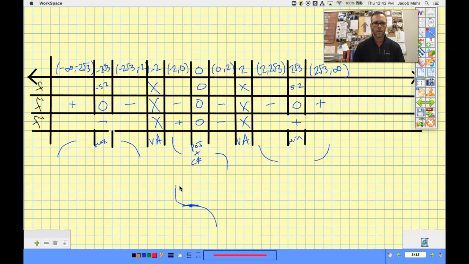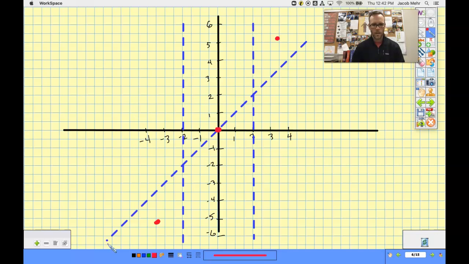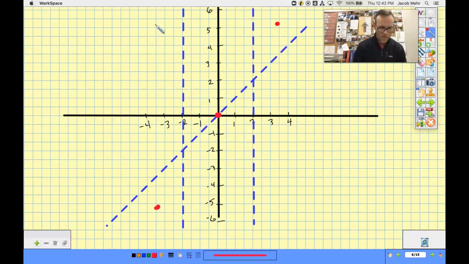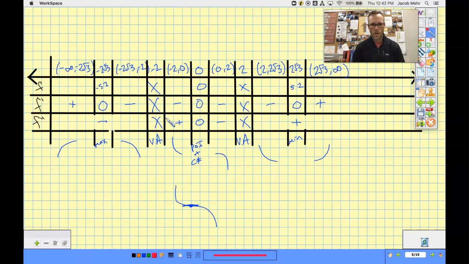Now let's look back. What did we say? It has to come up from the bottom, hit our max, and go back down. And now all we're doing is putting that in here with our asymptotes. So it's got to approach this asymptote, come up, and then go back down. In the middle, what did it look like? Starting up high, decreasing, concave up.